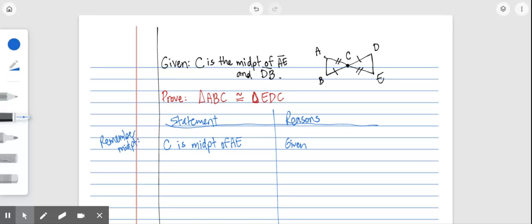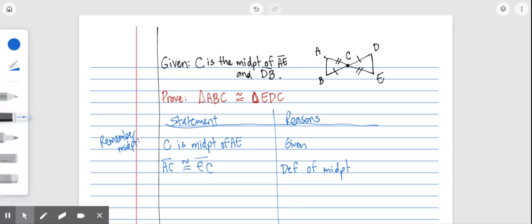Well, since C is the midpoint, then AC is congruent to EC. Okay. And that's already marked in the triangle, but that's because I knew that C was a midpoint of AE. So AC is congruent to EC. That's marked with the double lines. And that is because of the definition of a midpoint. Okay, because I know what a midpoint is, I know that those two things are congruent.